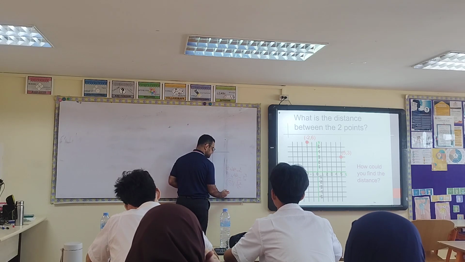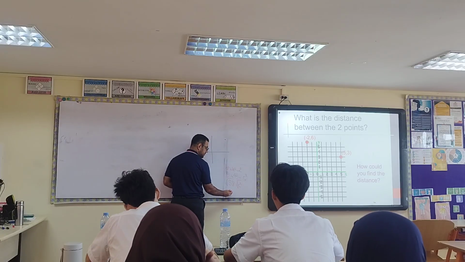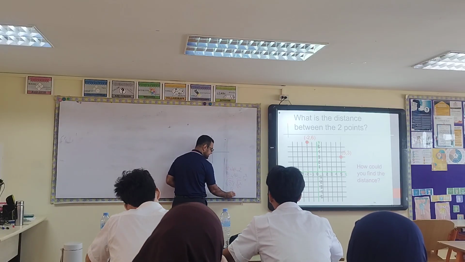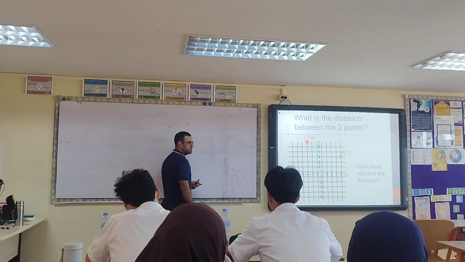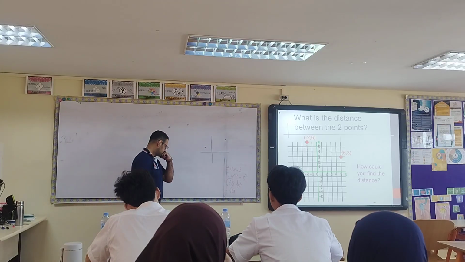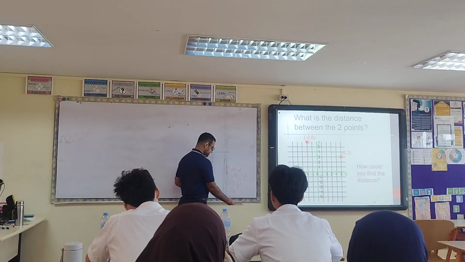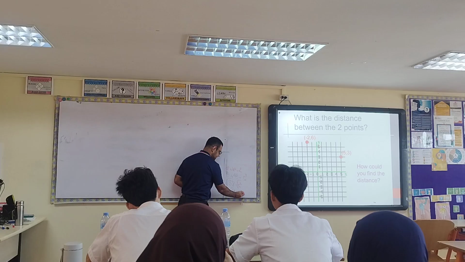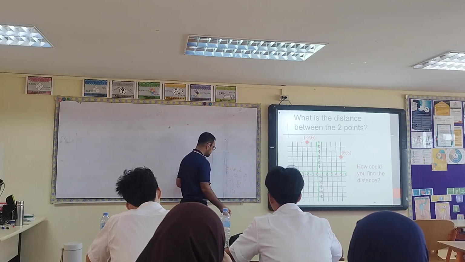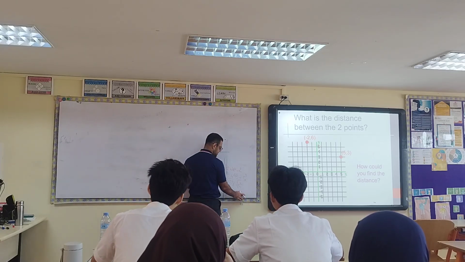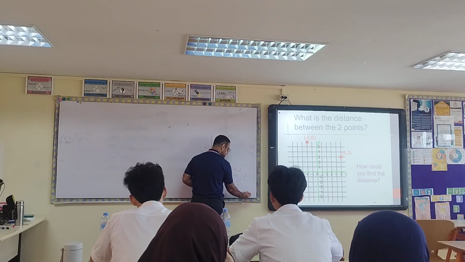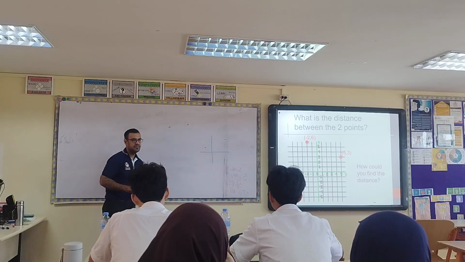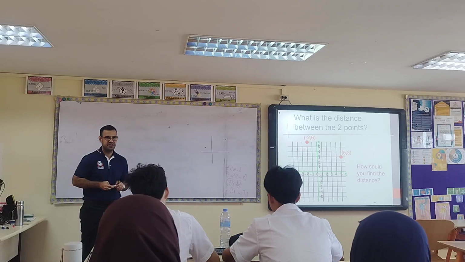Root both sides, C is going to equal root 58. About how much is it? About 7.7, around that number.